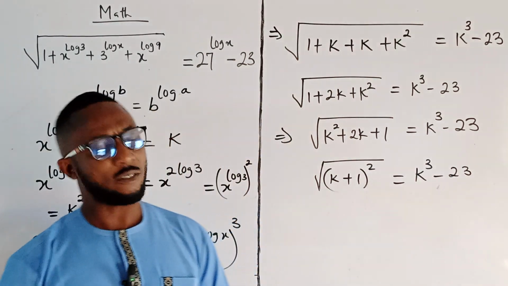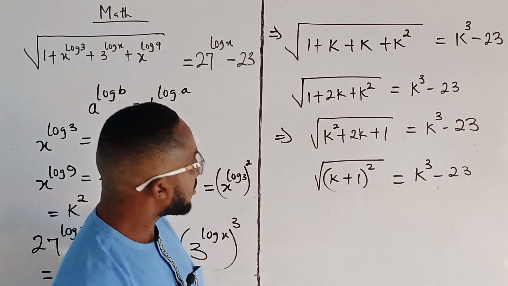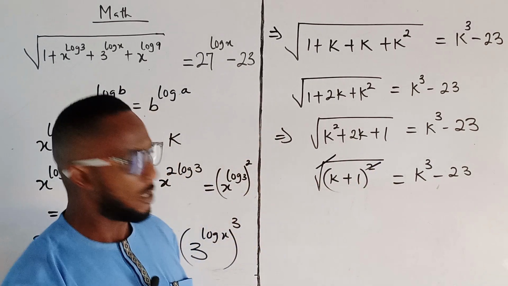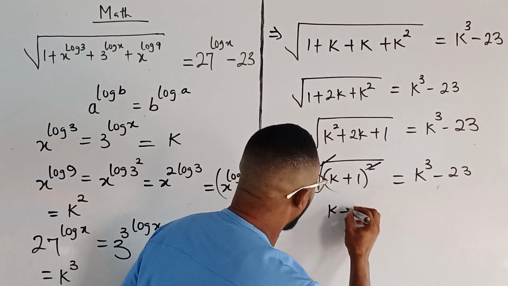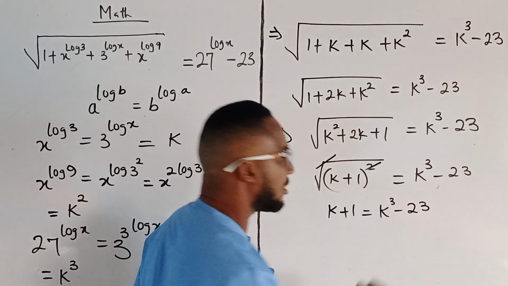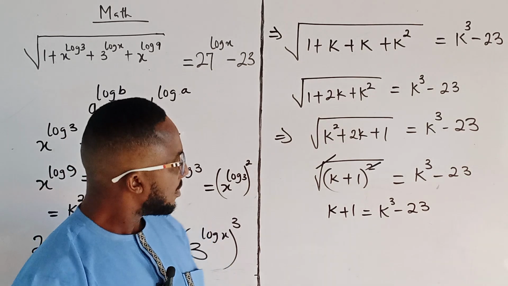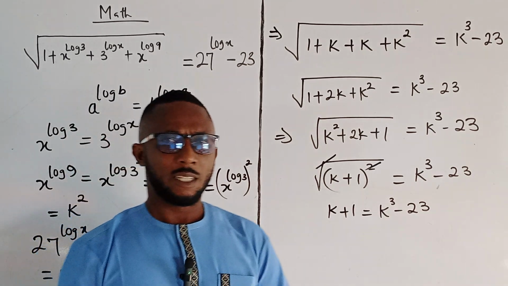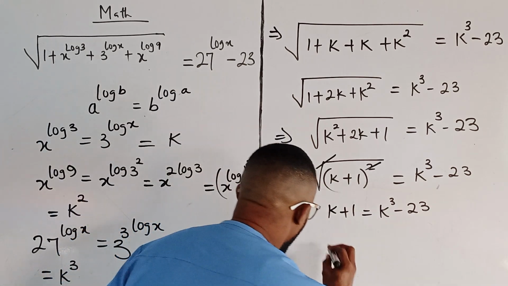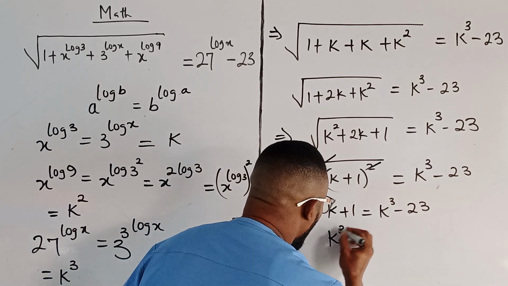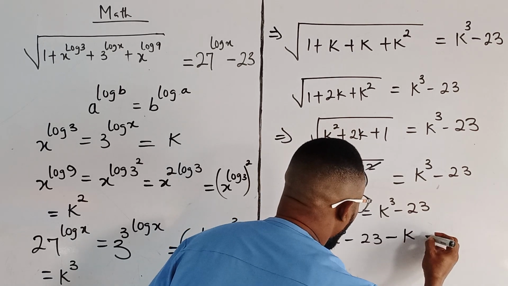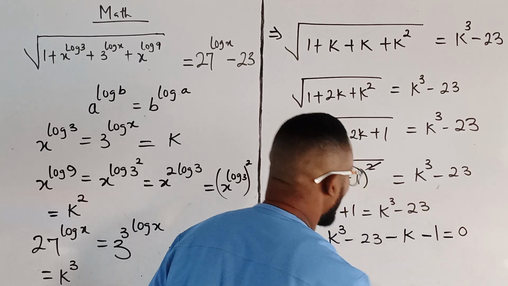So we are going to have a polynomial. So the square root here, we undo the squared. We are going to be left with k plus 1 equal to k cubed minus 23. I think this makes sense. Then, if I arrange this polynomial in its natural order, I will then be having k cubed minus 23 minus k minus 1 equal to 0.